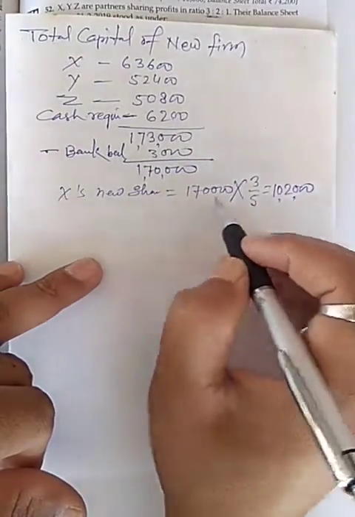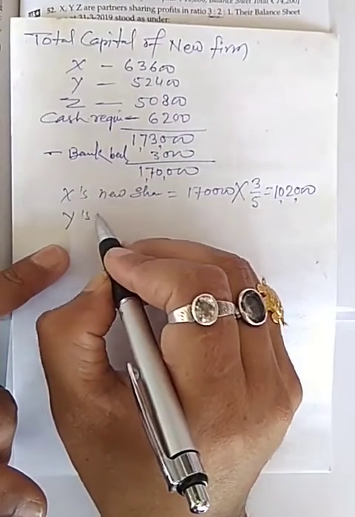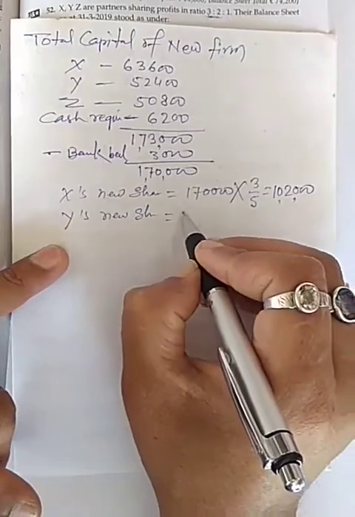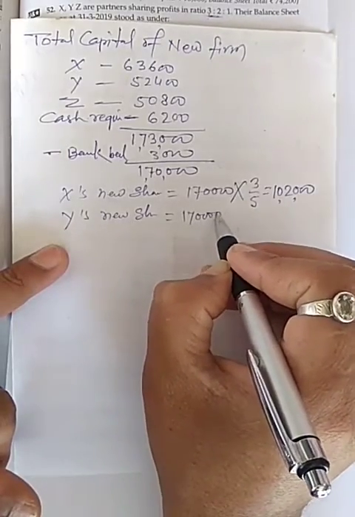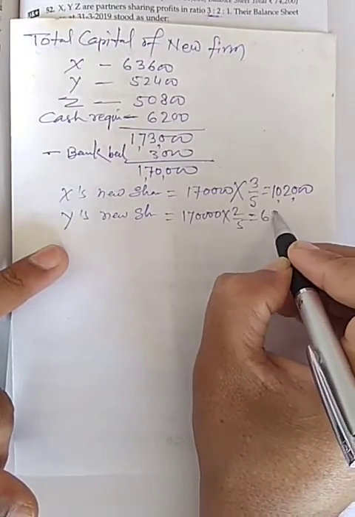And Y's new share equal to 1,70,000 into 2/5, it will be 68,000.